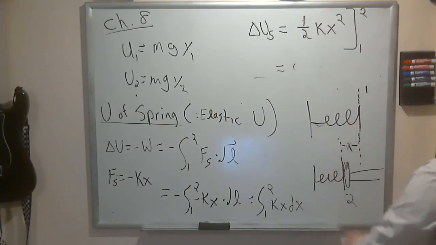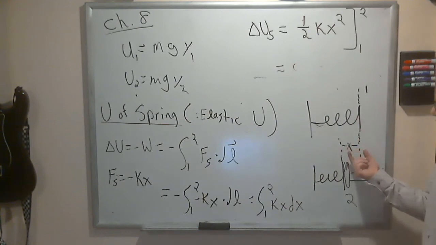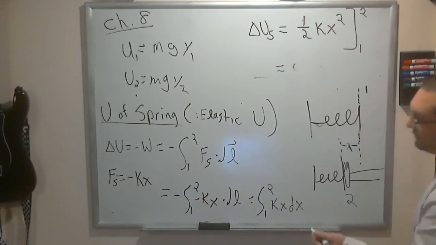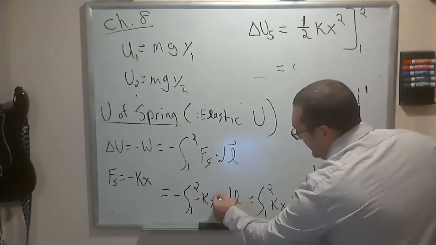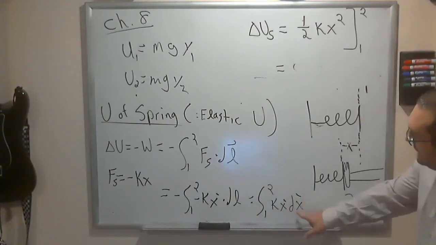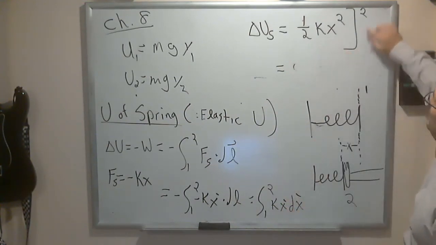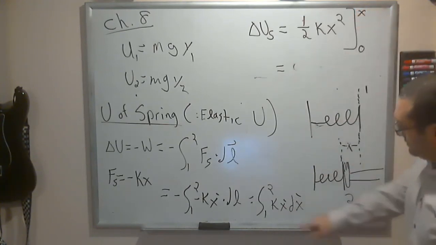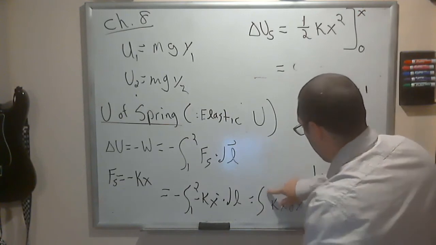So just be careful with this. A lot of people put a prime on the variable, x prime, and then the integral is from 0 to x. Let's do it this way.